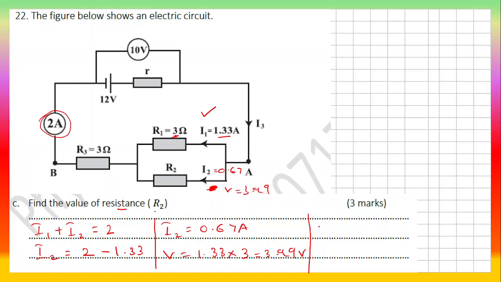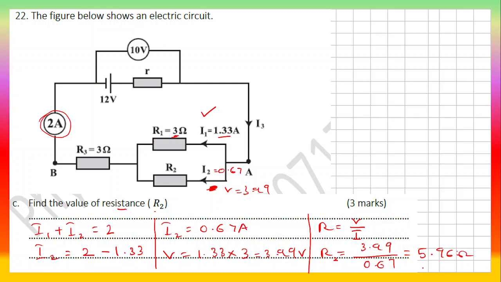Now we want to get R. How do we get R? R is equal to V over I. R2 now will be equal to V, which is 3.99, divided by the current through it, which is 0.67. So 3.99 divided by 0.67, you end up with 5.96 ohms.